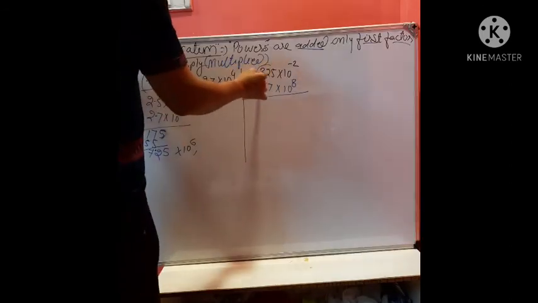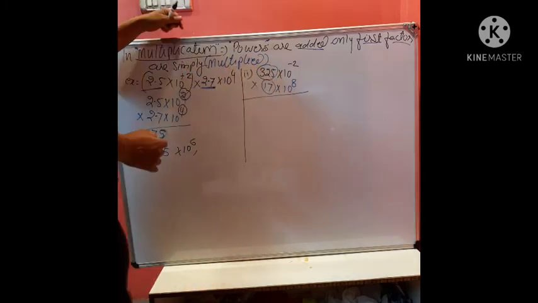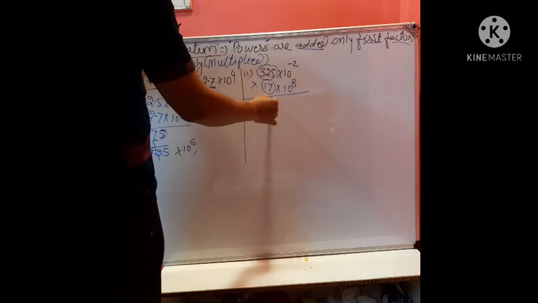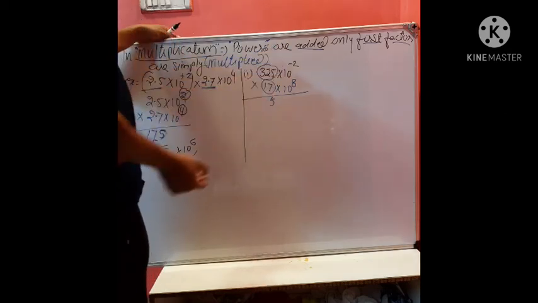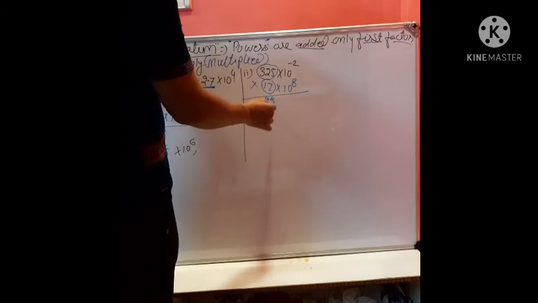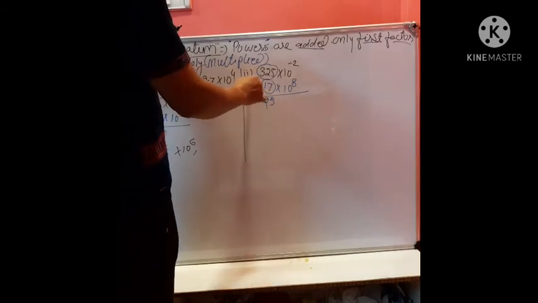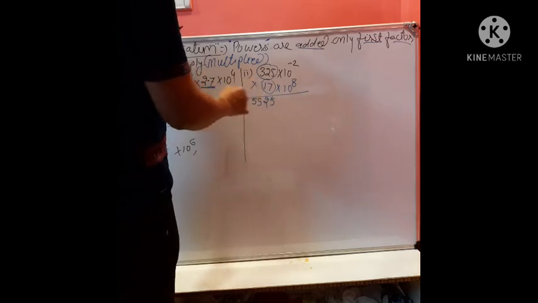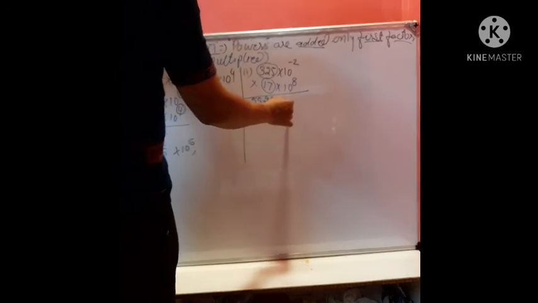So this is the first factor which is to be multiplied. 17 fives are 85, so this is 5 and 8 carried; 17 twos are 34 and 8 is 42, so this is 2, remaining 4; 17 threes are 51. So this is 595 into 10 to power.